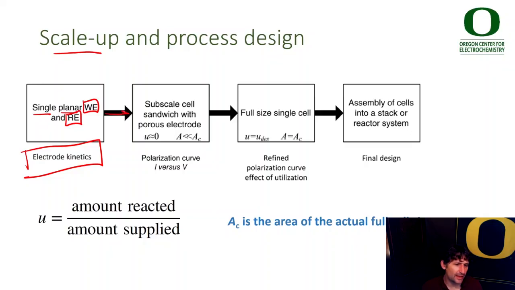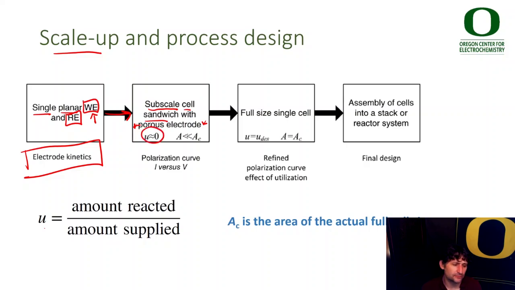So then you'd scale that to what we would call a subscale cell, a sandwich where you're using now porous electrodes that mimic the type of electrodes you'll eventually want to use to get high conversion, but are maybe made of the same material as the material you found to work well for the process using planar, carefully controlled working electrodes. You'd measure that under conditions where you have a lot of reactants.